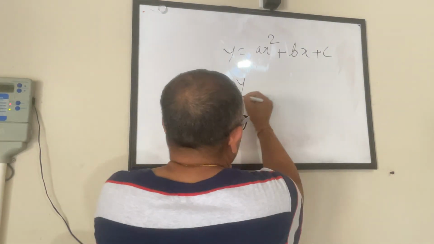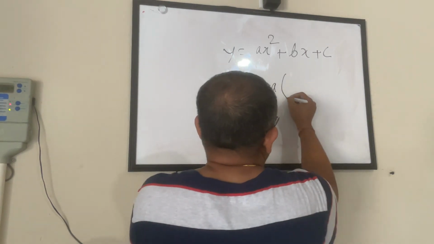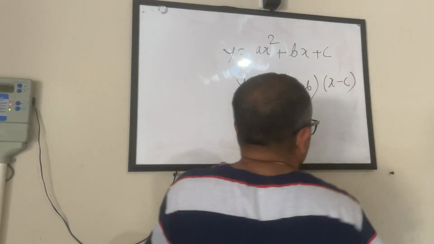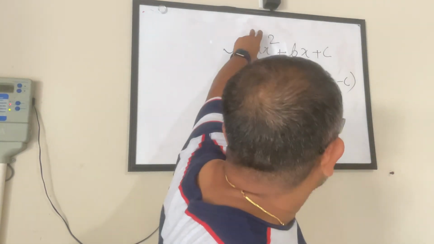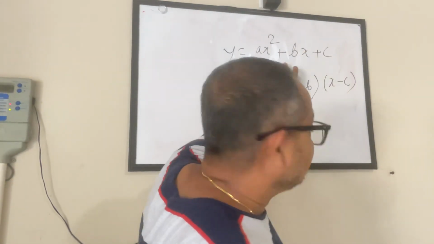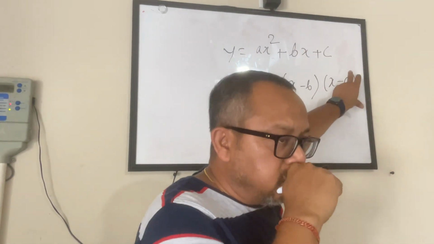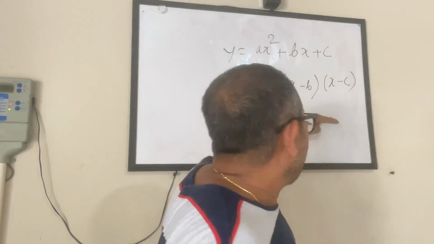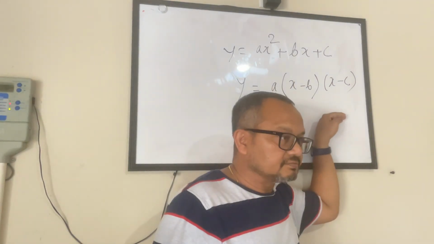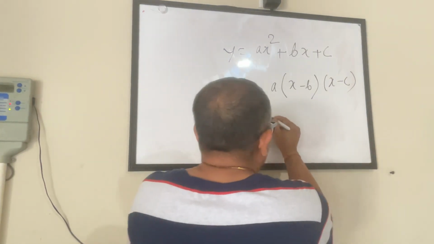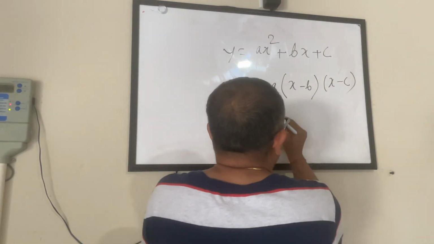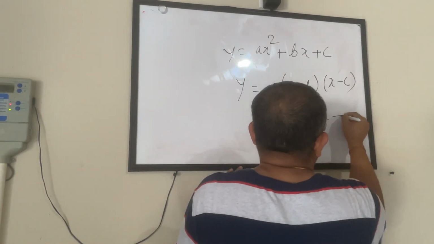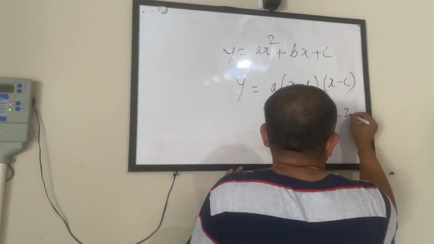There could be another form. Basically it's nothing but the same equation that has been factorized. So basically you have broken this down into factors, and that's why it's called factored form. Like we have solved the problems, right? Something like 5x squared plus 20x plus 20.